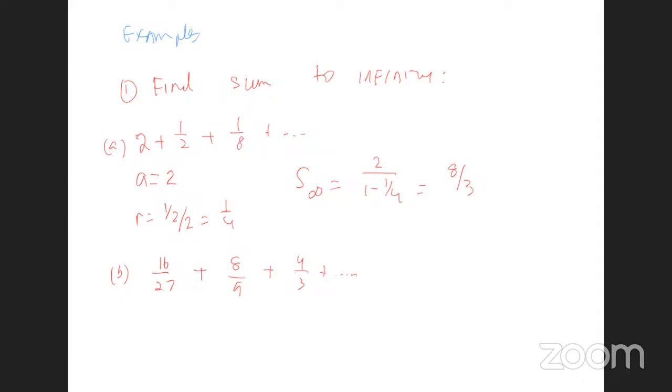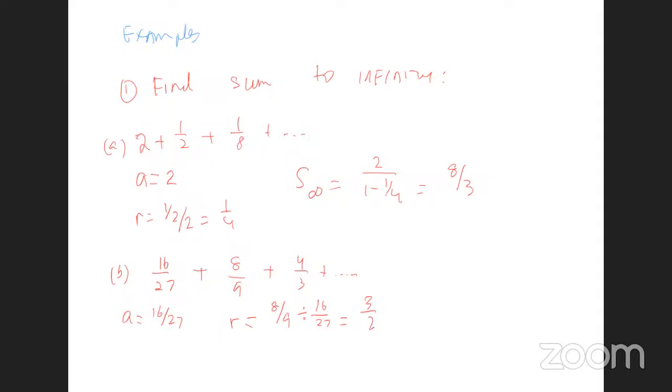Nice. Next one. A is 16 on 27. R is equal to 8 over 9 divided by 16 over 27. How much? 3 on 2.